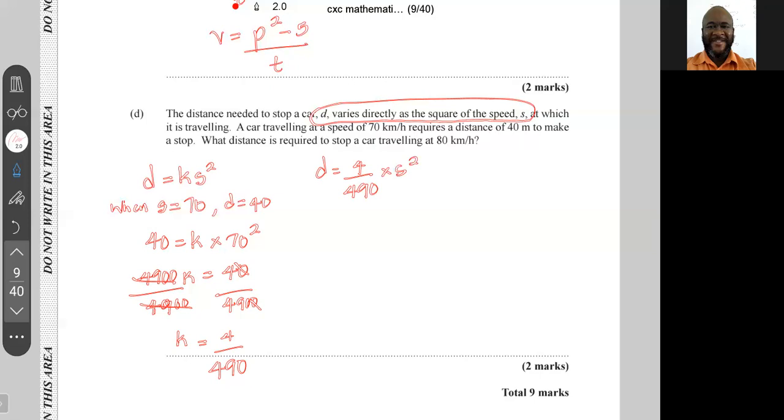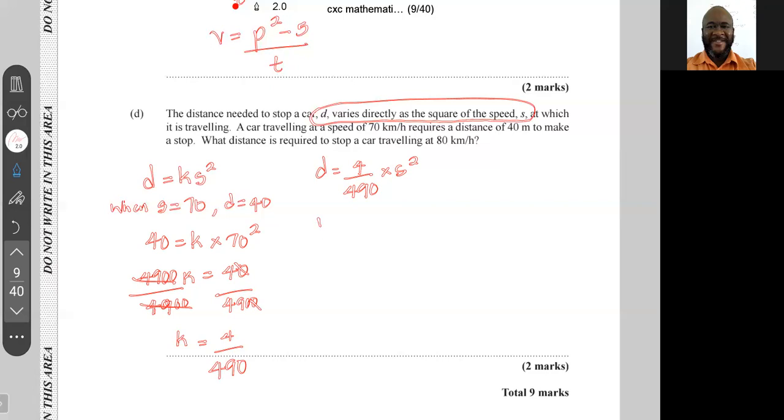So step three says we must rewrite the equation and put in the new value of K. Step four, we're going to be given a value of S to calculate D, or a value of D to calculate S. Here we're asked what distance is required to stop a car traveling at 80 kilometers per hour.